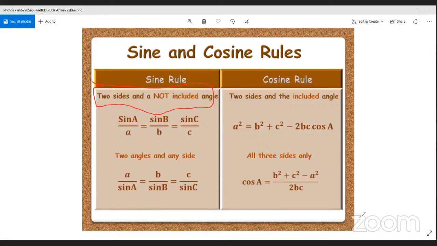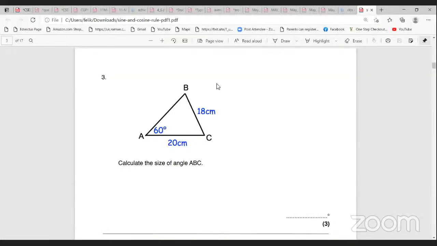So we're going to go ahead and write down our sine rule: a over sine A equals b over sine B. Remember to highlight the angle that you're finding, which is this one.